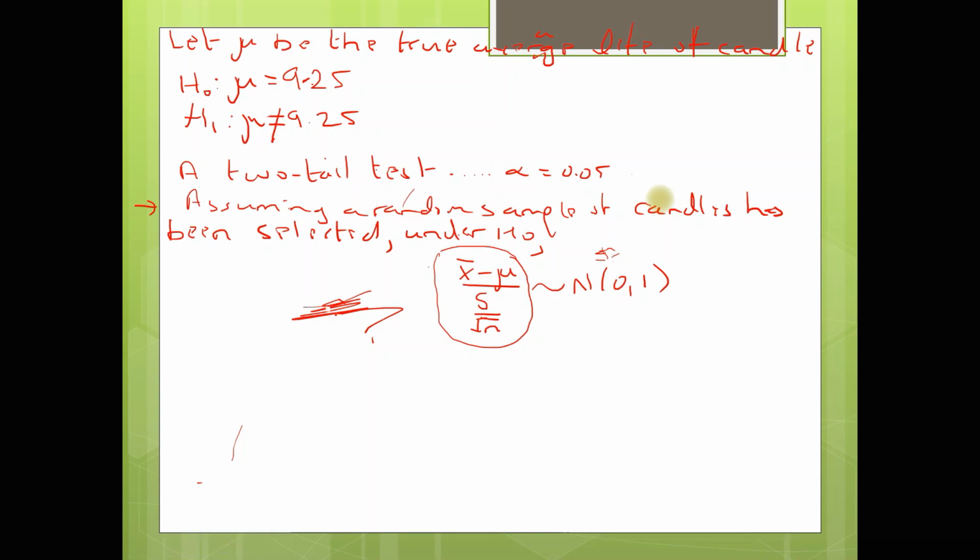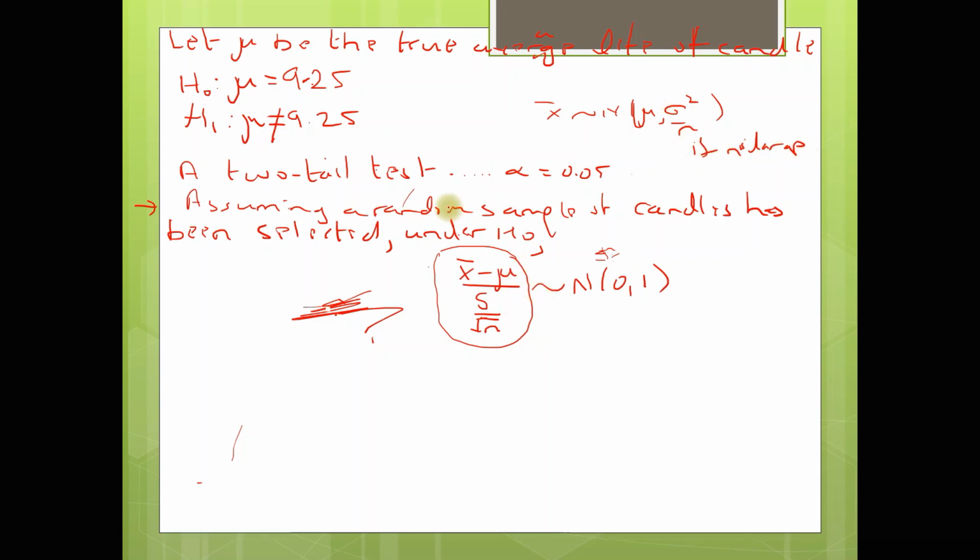Why? For one simple reason: through the central limit theorem, you've learned that x bar follows a normal distribution with a certain mean mu and variance sigma squared over n if n is large. If n is large, this is what happens.